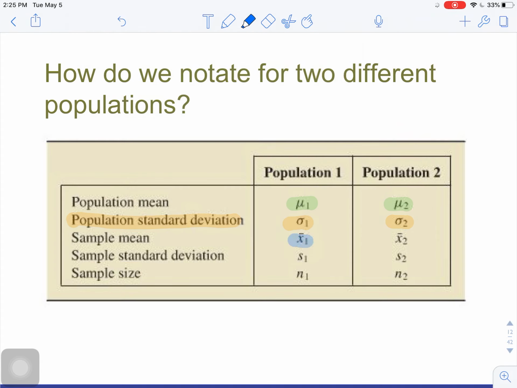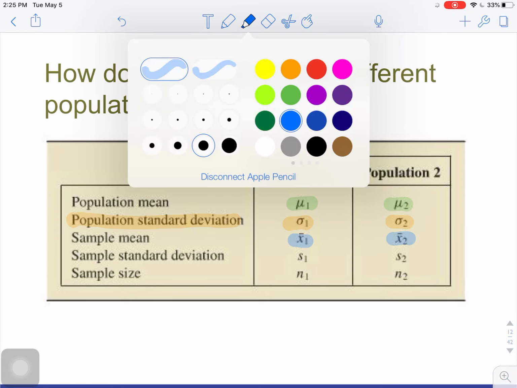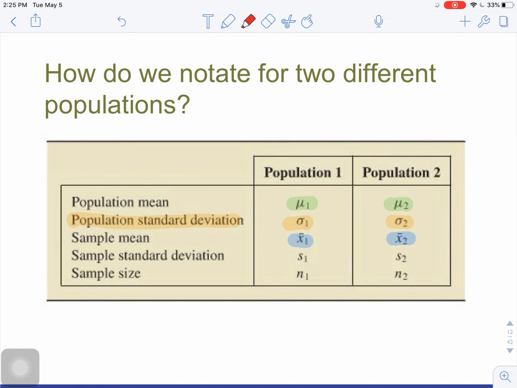We have the sample mean of population 1, sample mean of population 2. This is the sample standard deviation of population 1 or population 2. And then we have our sample size for population 1 and our sample size for population 2.